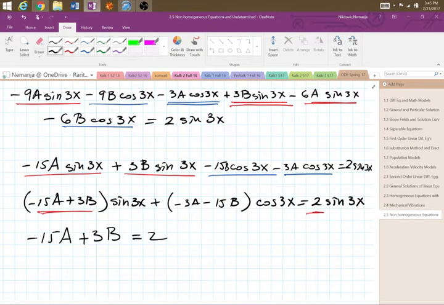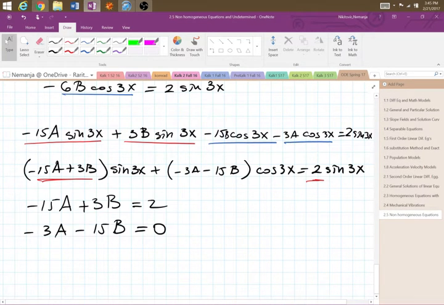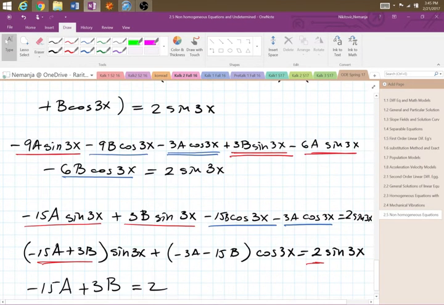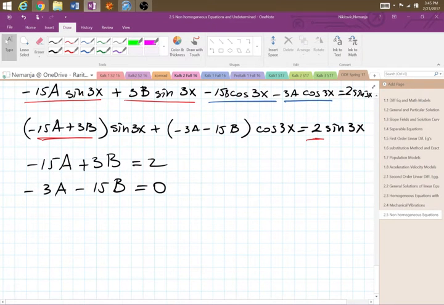Now I have the other equation, which is negative 3a minus 15b equals 0. Multiply by negative 5 on the second equation to solve it.